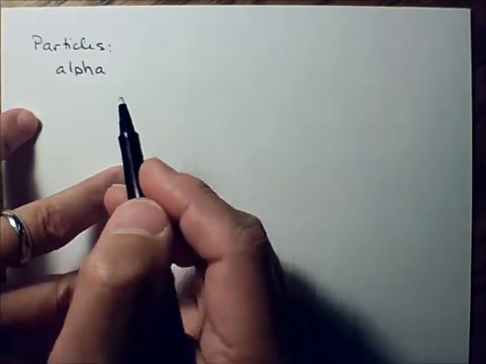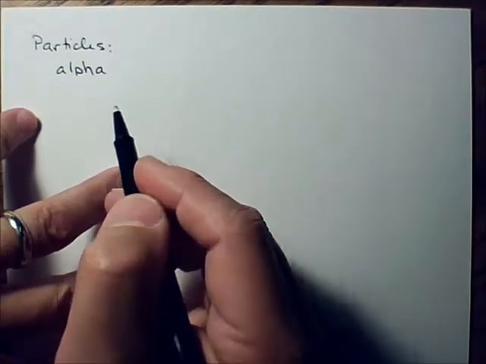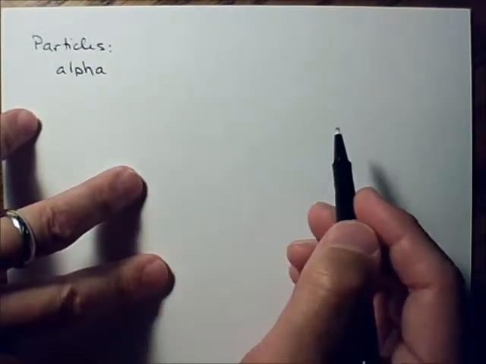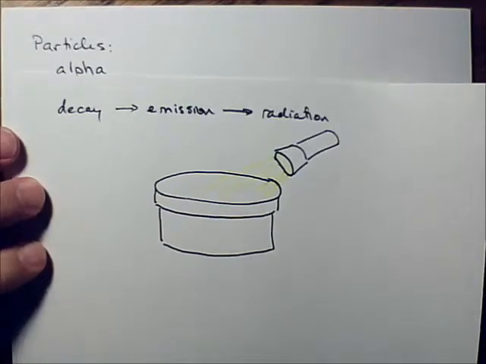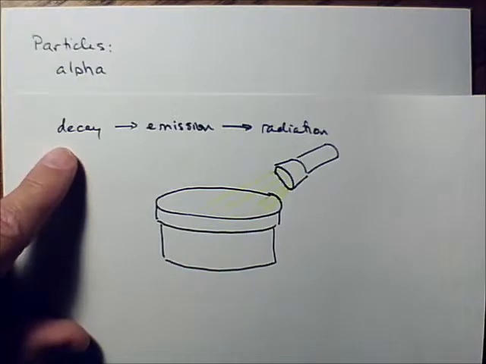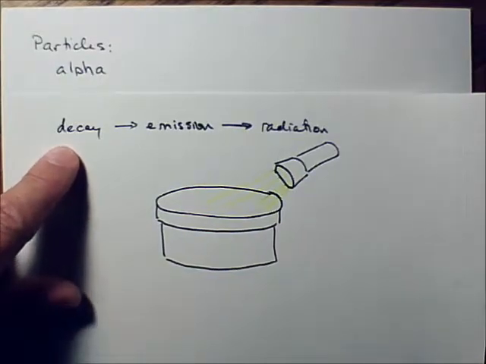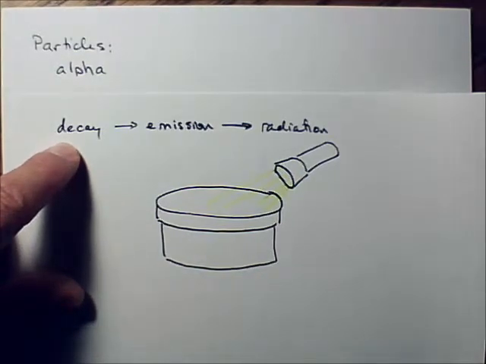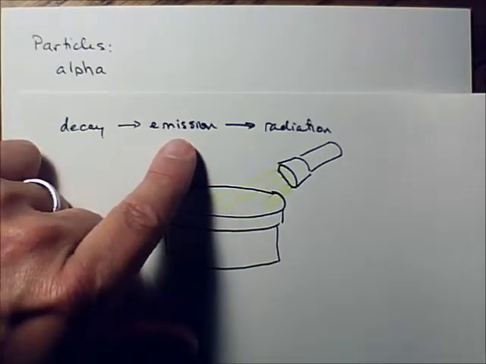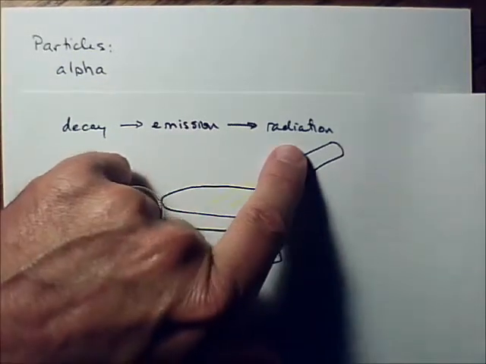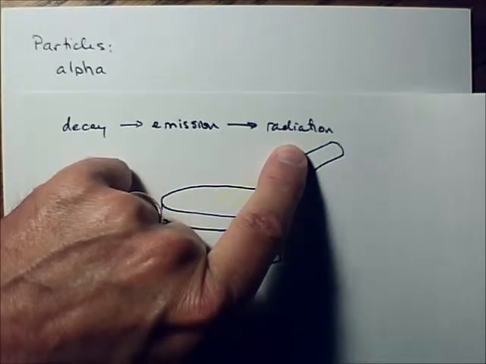Now remember, you have alpha decay, then alpha emission, then alpha radiation. Remember we talked about that. This is the way radiation works. You've got decay, which is the breaking down of the nuclear particles. Then when it spits it out, you get emission. And when it comes out of the atom, you call it radiation.